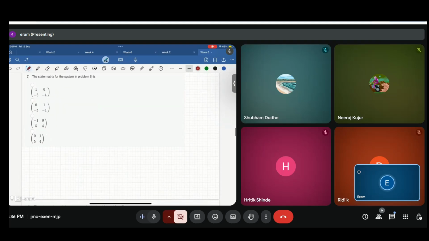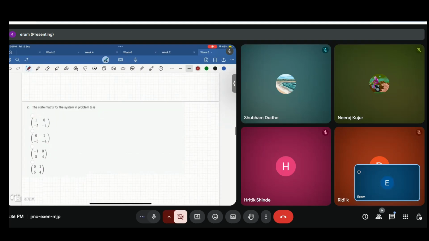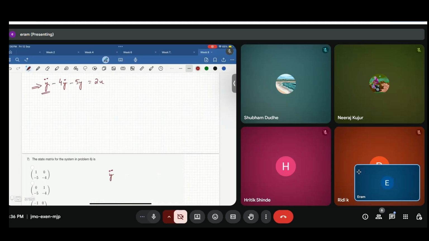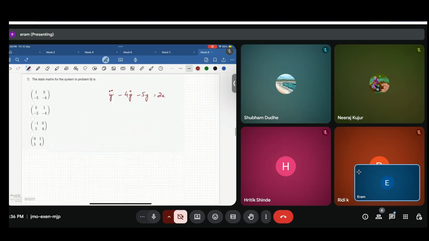And what is the state matrix? This was your differential equation. Now develop the state matrix for it. How do we choose the state variables? We pick one state as y and another state as y dot.